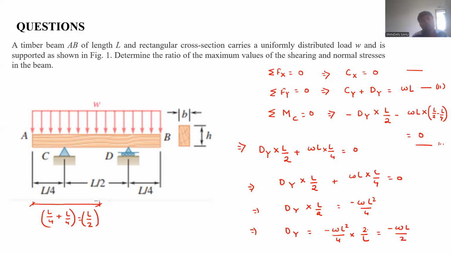Now, if you are getting Dy to be minus WL by 2, then what will be the value of Cy? How to calculate? Yes, just substitute the value of Dy in the second equation, you will get Cy. So please do that and let me know what value you are getting.